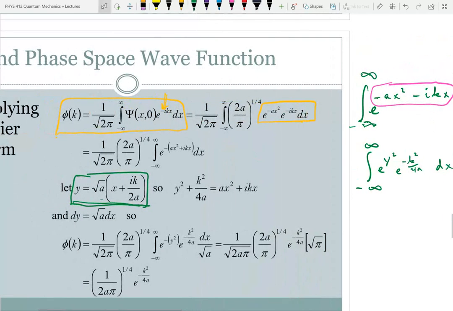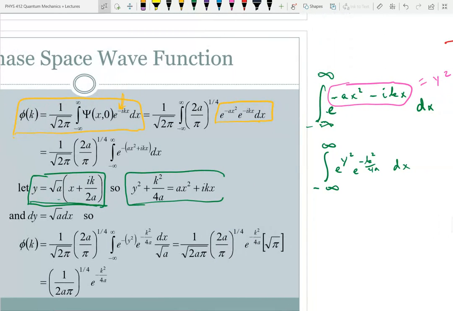I went off the screen. So we have this substitution, which was almost what I put. So y squared, and then it's plus instead of minus. That all looks the same, except that dy is square root of a times dx. So dx is 1 over square root of a dy.